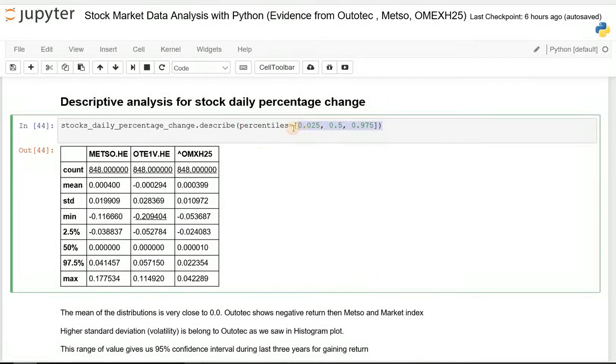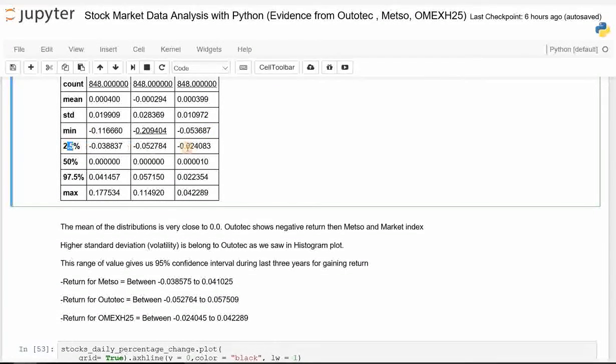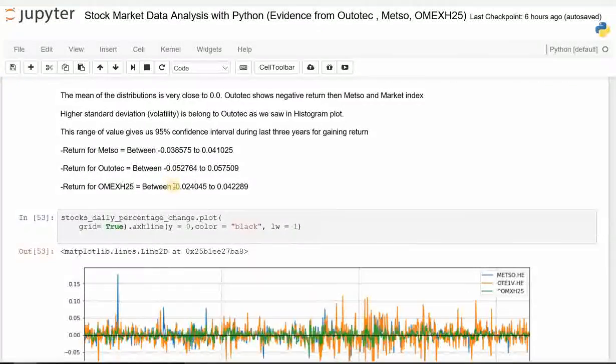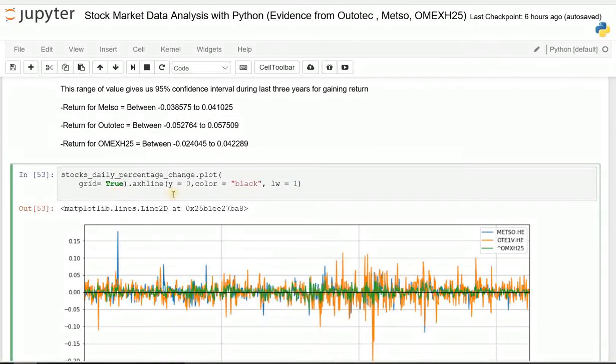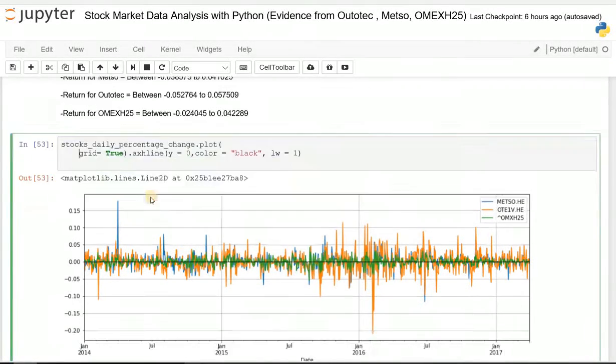This range of values that I've determined in here gives us a 95% confidence interval during the last 3 years for gaining return, which means during the last 3 years we have gained return between these amounts.